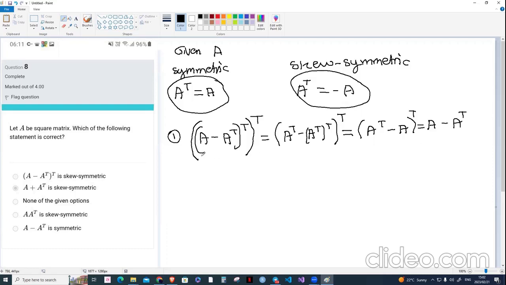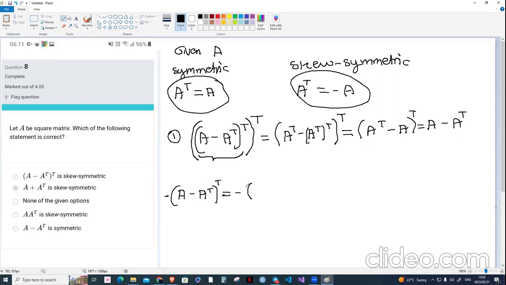In order for this to be skew symmetric, we know that this whole thing, the one inside, which is the original one, our given A, after transposing it, we want it to be negative. But this and this are the same. Let me show you, if you don't believe me.